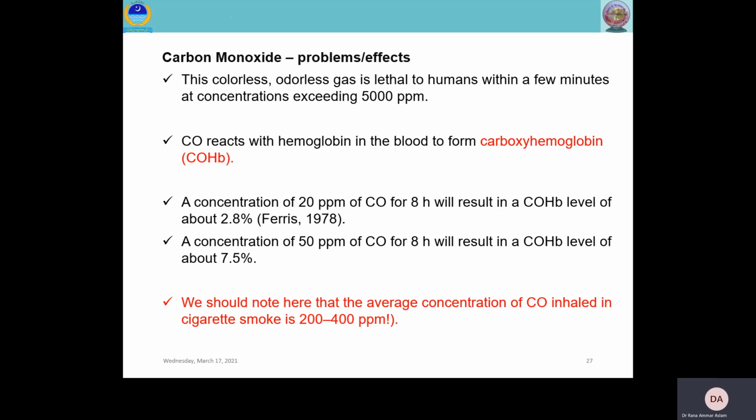The important thing to note is that the average concentration of carbon monoxide inhaled in cigarette smoke is 200 to 400 ppm, right?